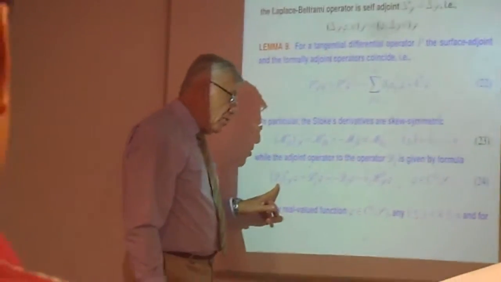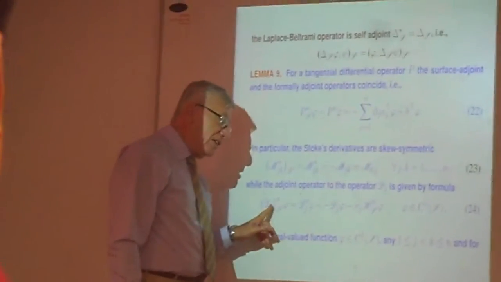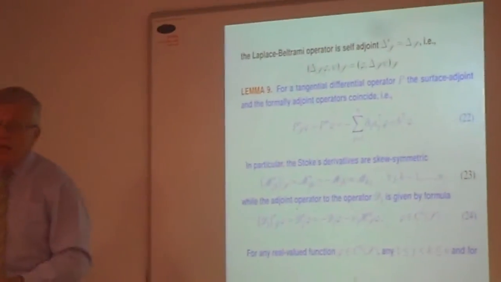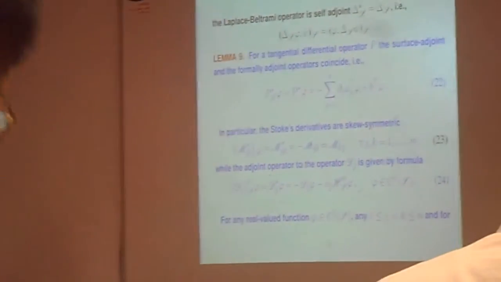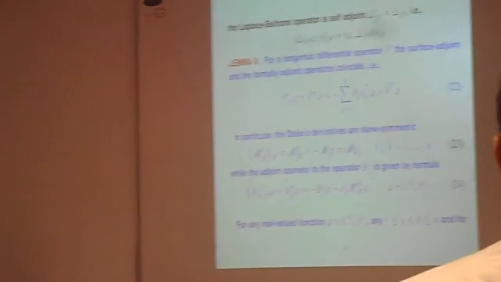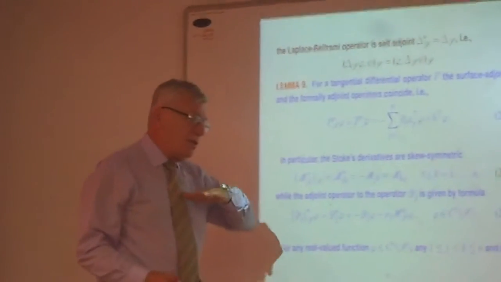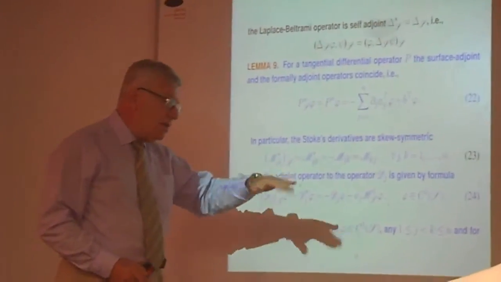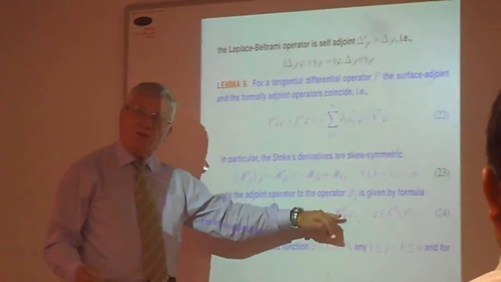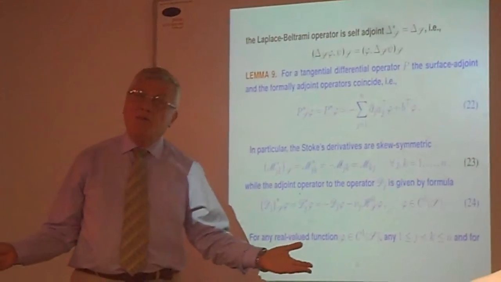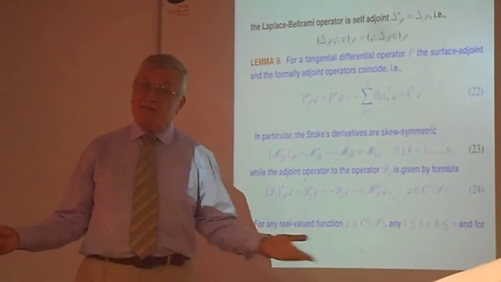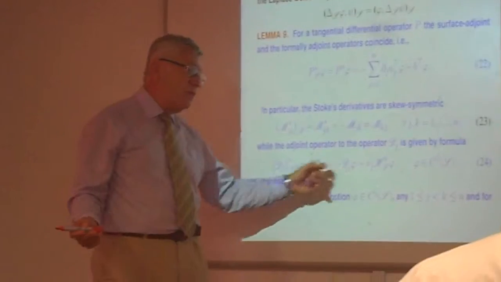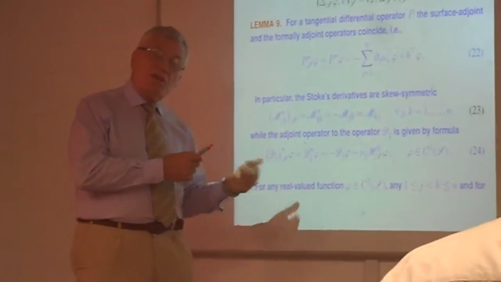So the dual operator to the Günter's derivative is minus Günter's derivative minus function multiplied by mean curvature of the surface. When we are in Rn, this disappears because the mean curvature of the flat surface is 0.